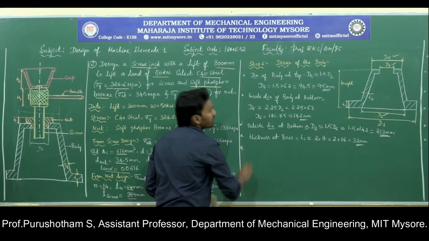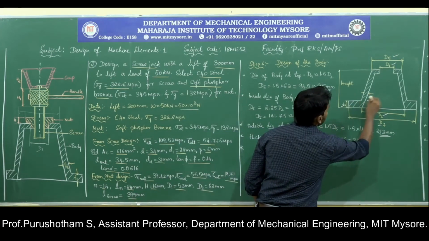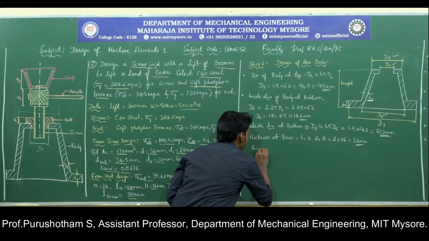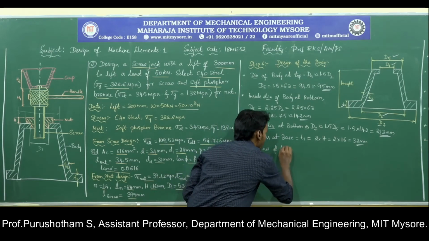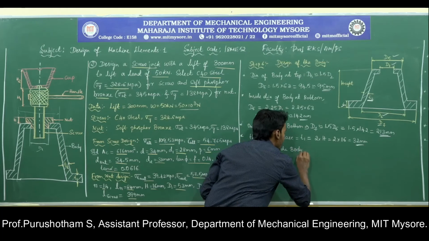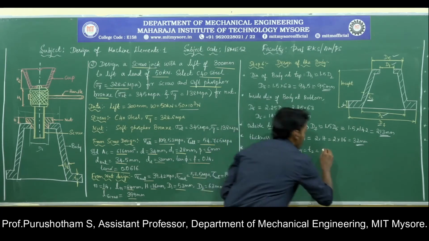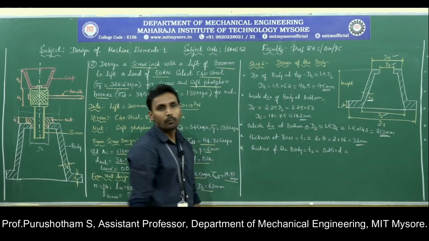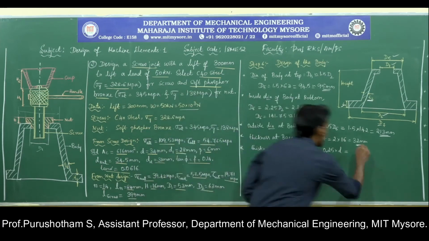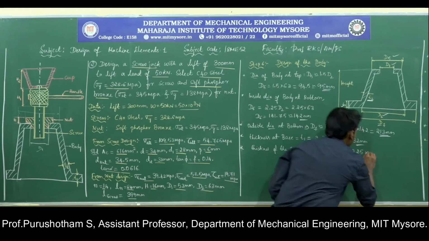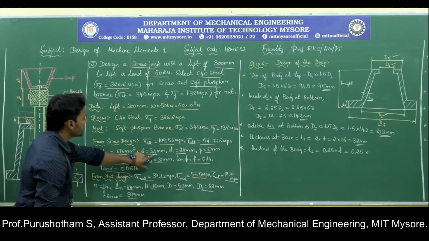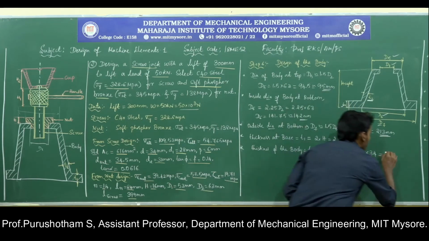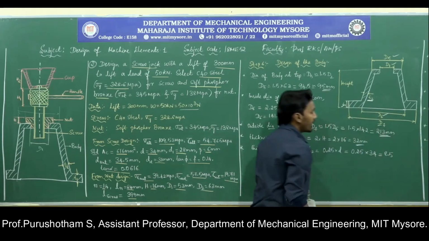T1 is done. Now T2, that is the thickness of the body, which is equal to 0.25 times the major diameter of the screw. 0.25 times the major diameter, 34 mm, gives 8.5 millimeter.